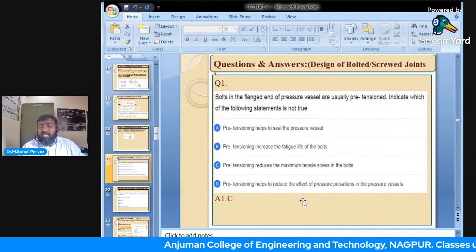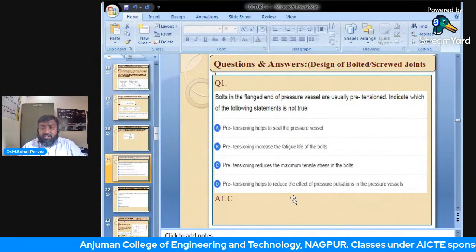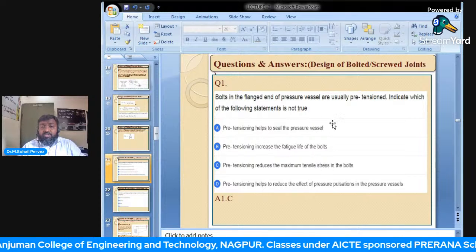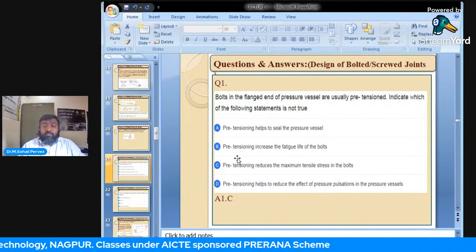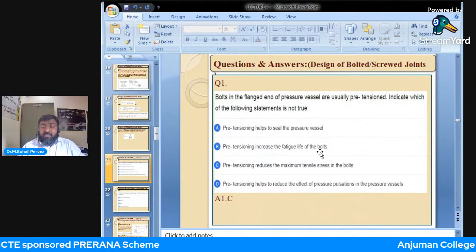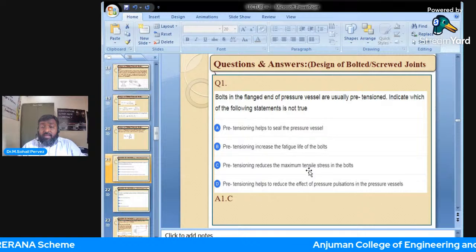The bolts in the flange end of pressure vessels are usually pre-tensioned. Indicate which of the following statements is true. Now, this is a case of pre-tensioned or pre-stressed bolts. Pre-tensioning helps to seal the pressure vessel. Pre-tensioning increases the fatigue life of the bolt. Pre-tensioning reduces the maximum tensile stress in the bolt.